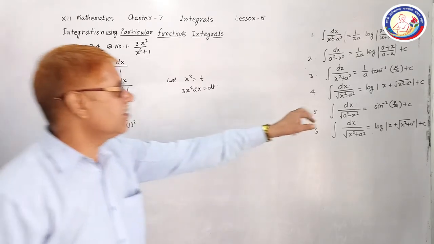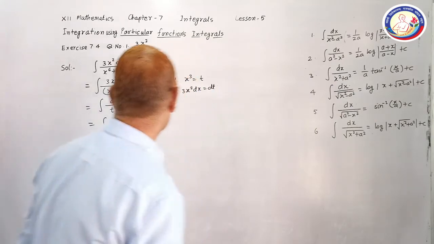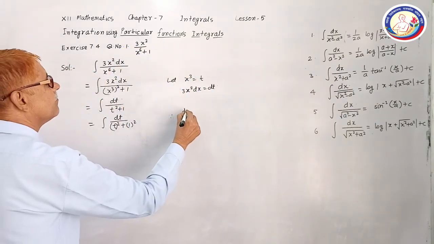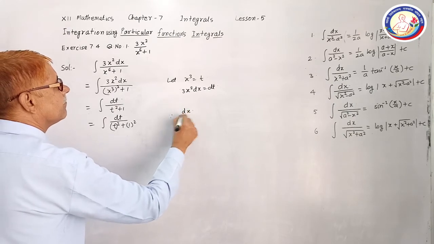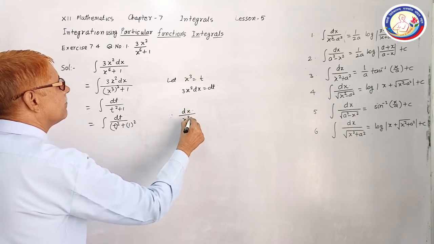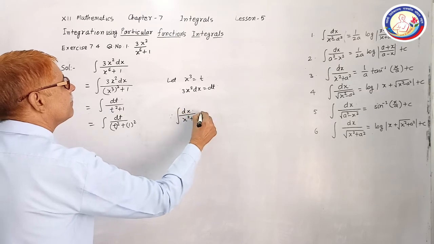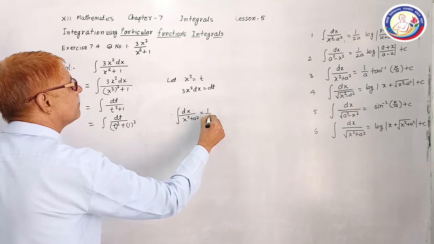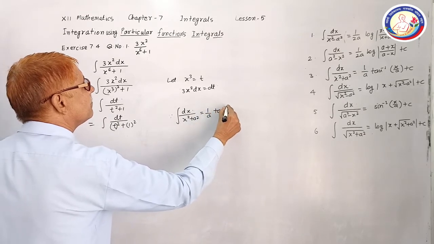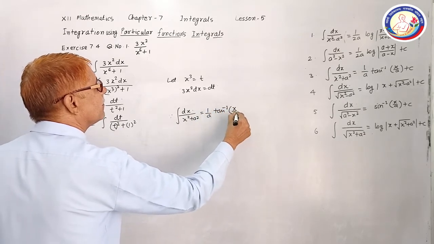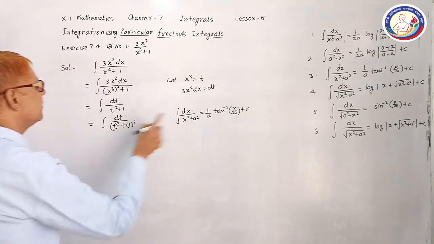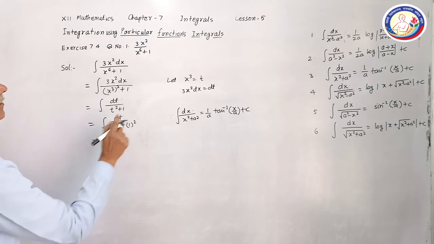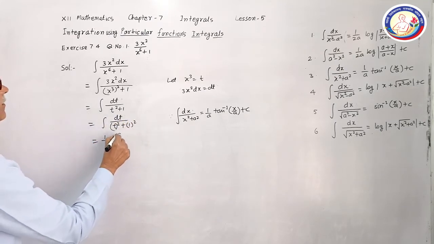So using this third formula, we can write here a is 1, so 1 upon 1.